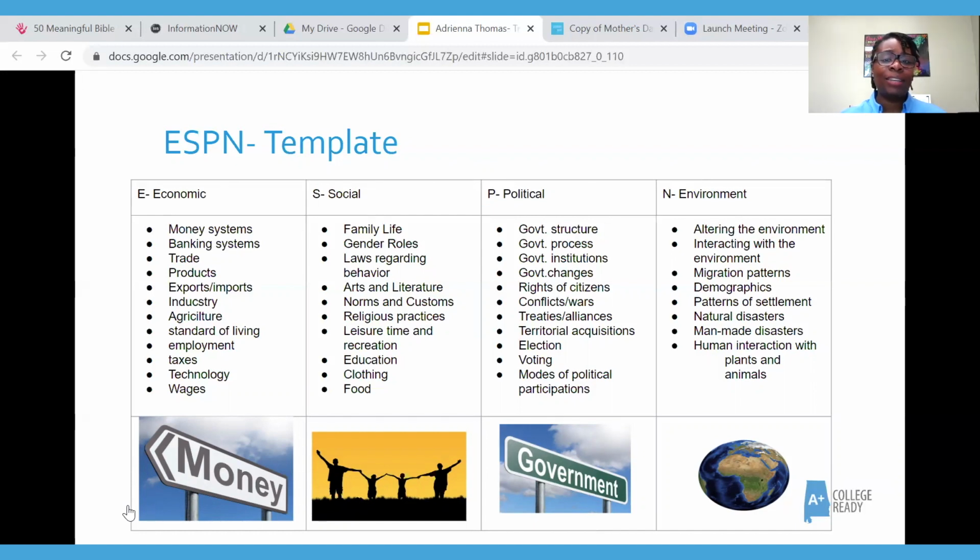And then finally, environment. What were some natural disasters? What were some man-made disasters? What was the demographic? What human interaction was there with plants and animals? And these will help guide your students when they're reading to be able to easily pull out information.